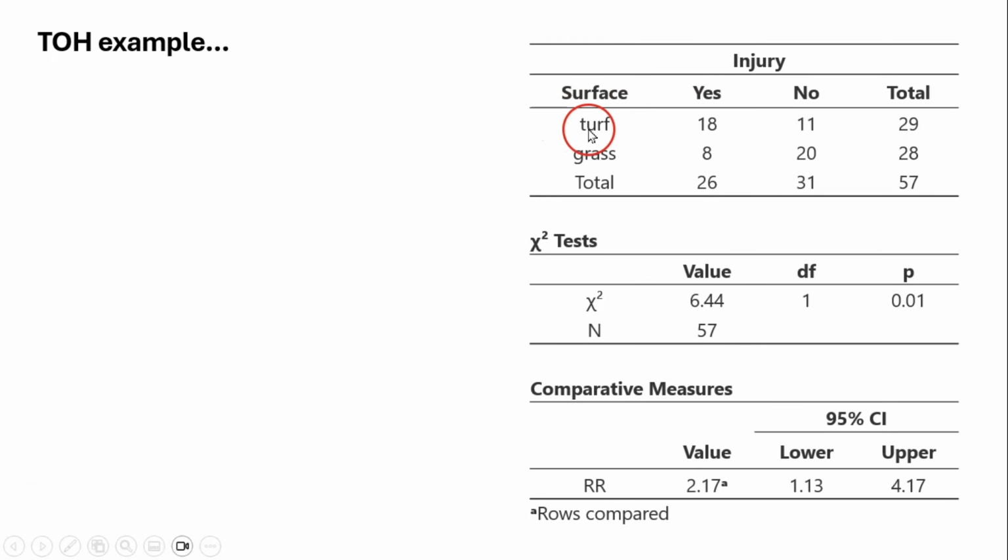For surface, there's our turf group and our grass group defining the two rows, and the variable injury on the top for the column: injury, yes, no, for knee injury. So we have 18, 11, 8, and 20. That gives us a row total of 29 for row 1, turf, and a grass total of 28, for a total of 57. So we had 57 actual participants in this study.